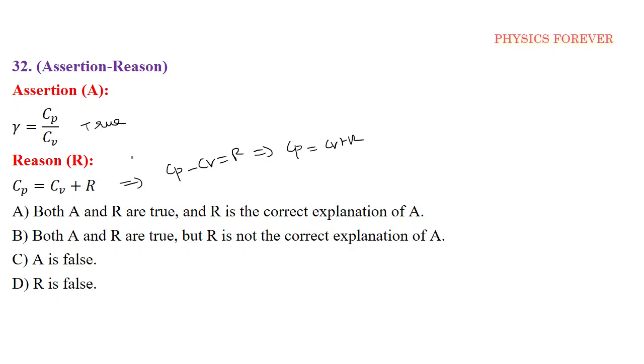But both the statements are correct, but the reason is not the correct explanation of the given assertion A. Mathematically it is correct, both mathematical steps are correct, but it is not the correct explanation of the assertion.